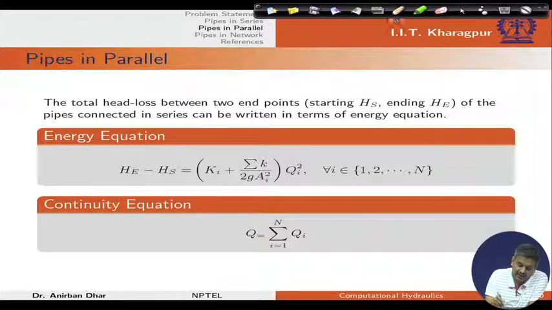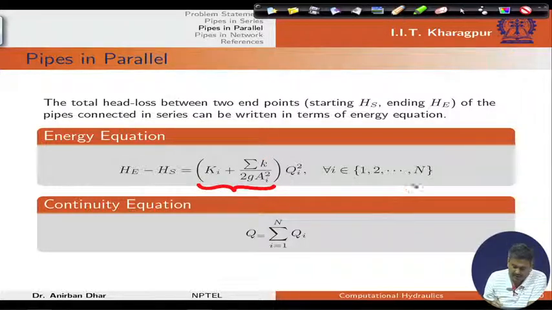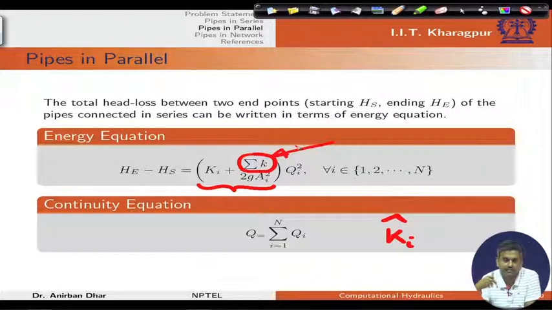Now, in this case remember that this quantity is nothing but k hat. This summation of small k is nothing but the losses that we need to consider for junction, entrance or exit or other kinds of pipe fittings.